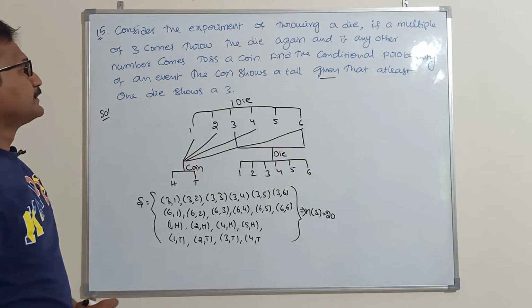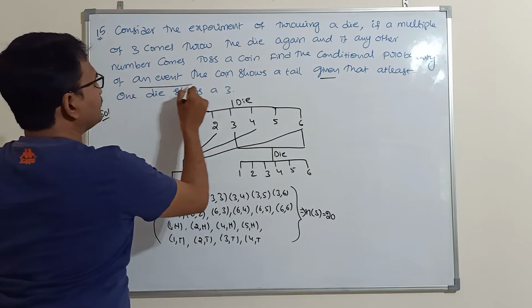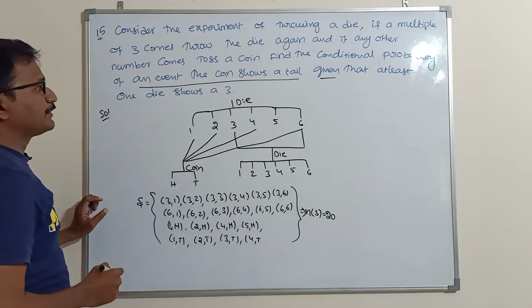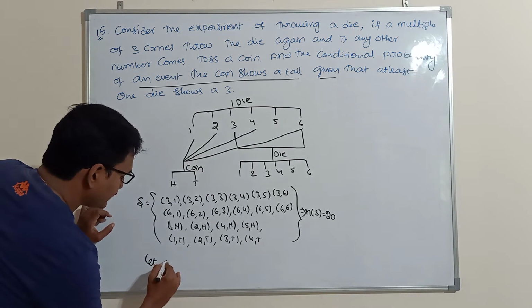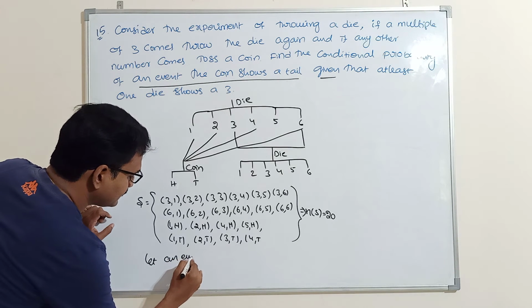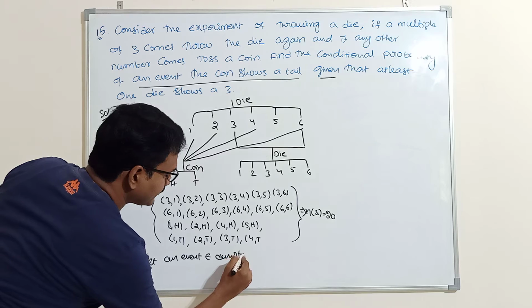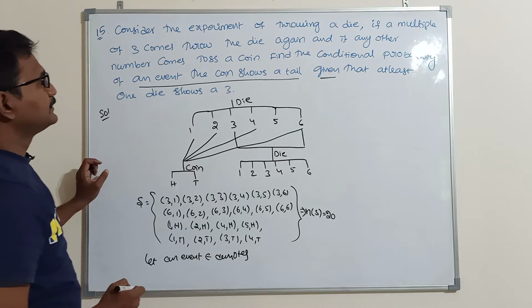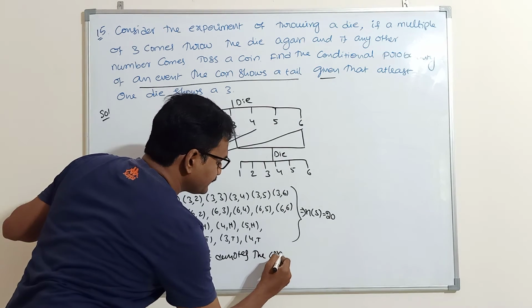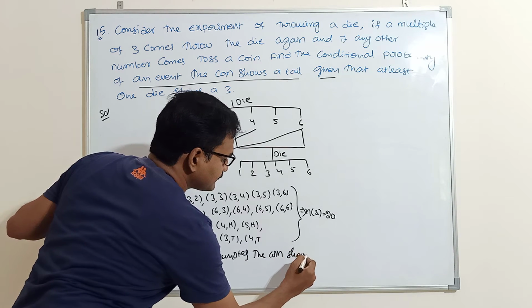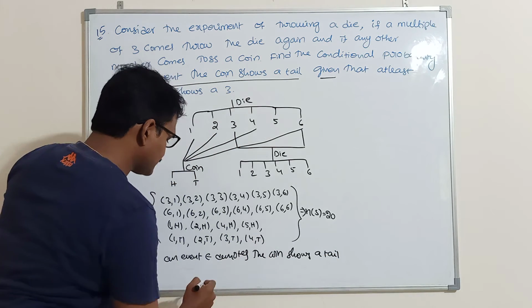Next, the conditional probability of the event that the coin shows a tail. Let event E denote that the coin shows a tail.